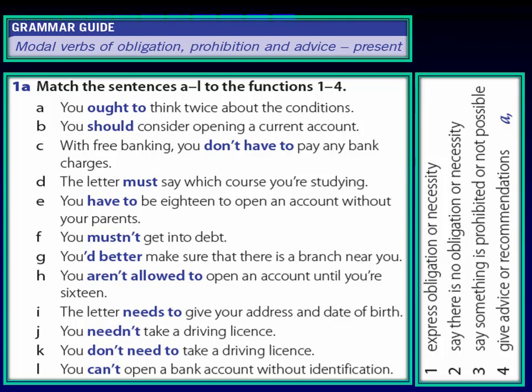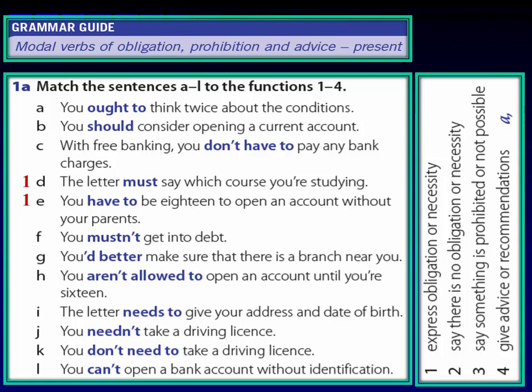Can you guess which one from these sentences expresses obligation or necessity? Good. The first one is D. The letter must say which course you're studying. Must here is obligation or necessity.